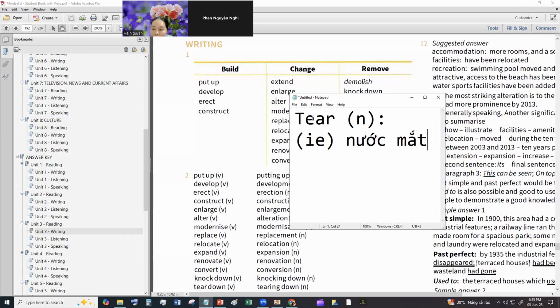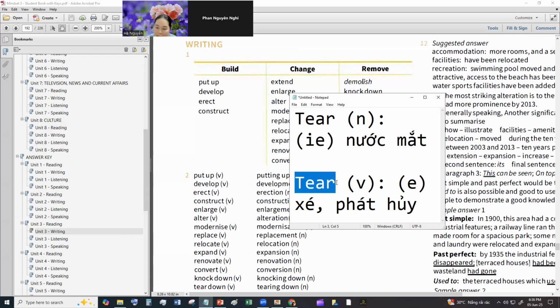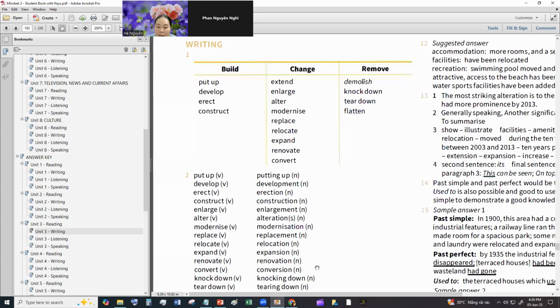But if it's air, tear, it will be the verb. It means to tear down. Xé, phá hủy. Okay, so remember the verb you want is tear, to tear. Don't tear this paper. So tear down means to destroy, to remove. All right, and that means the noun is tearing down.